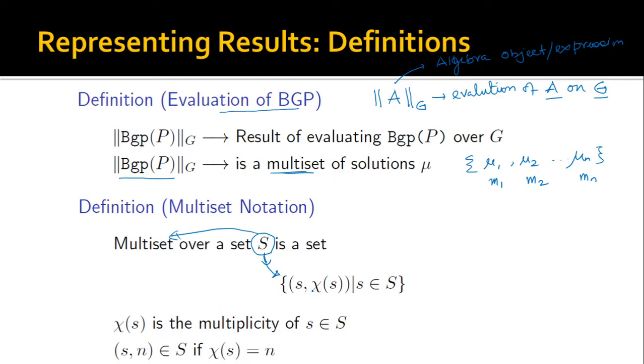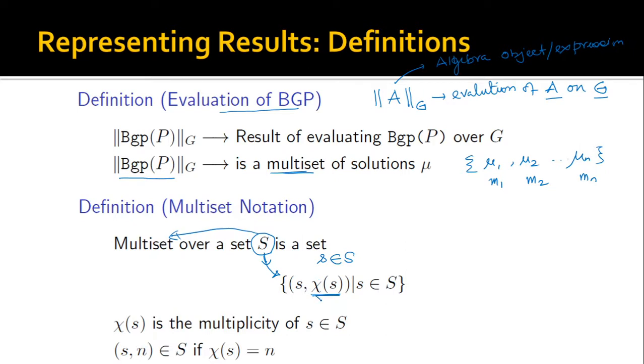And what we are keeping here is the element. So this is one element from S. So this small s belongs to the capital S, which is the original set, and along with that we are keeping the count of s, the number of repetitions of small s in the original set.